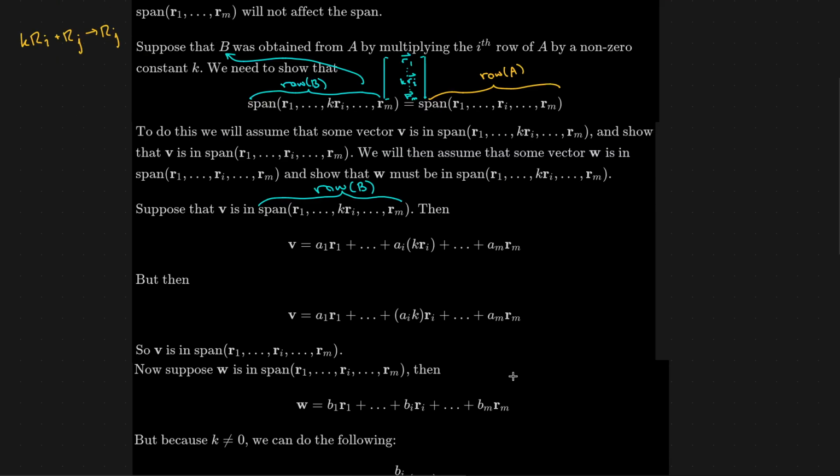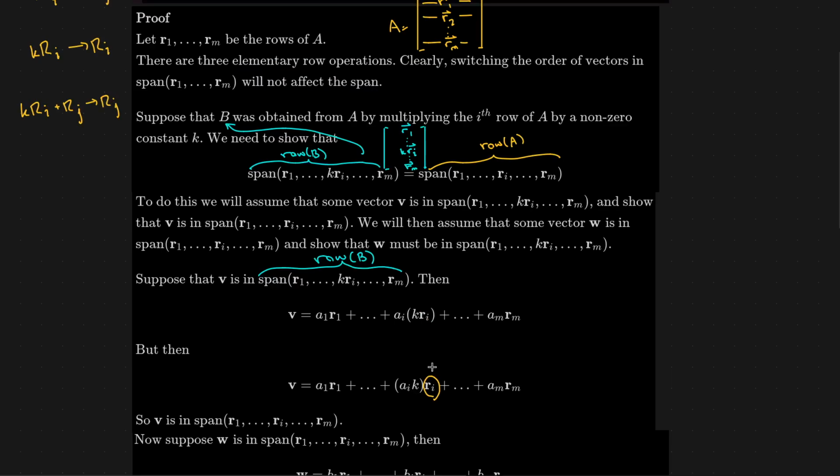But then if we just change where the parentheses are, and we can do that by associativity, then this is just a linear combination of the rows R1, R2, all the way to Rm, right? This is a linear combination where we're taking Ri before we have done the row operation.